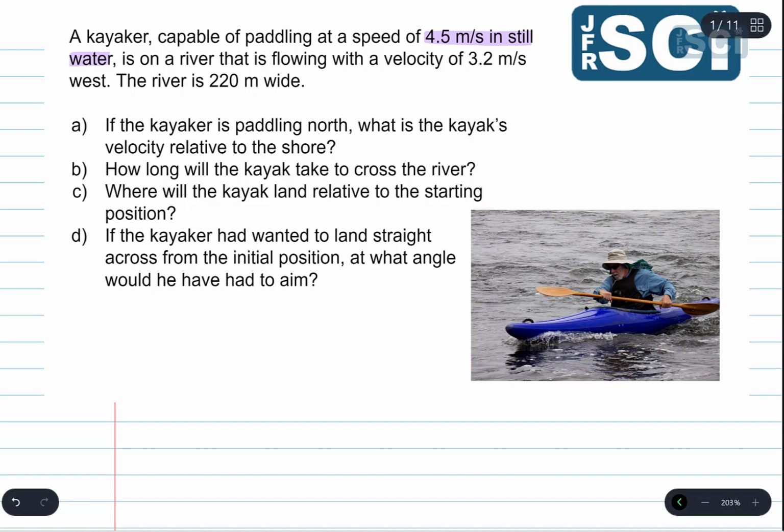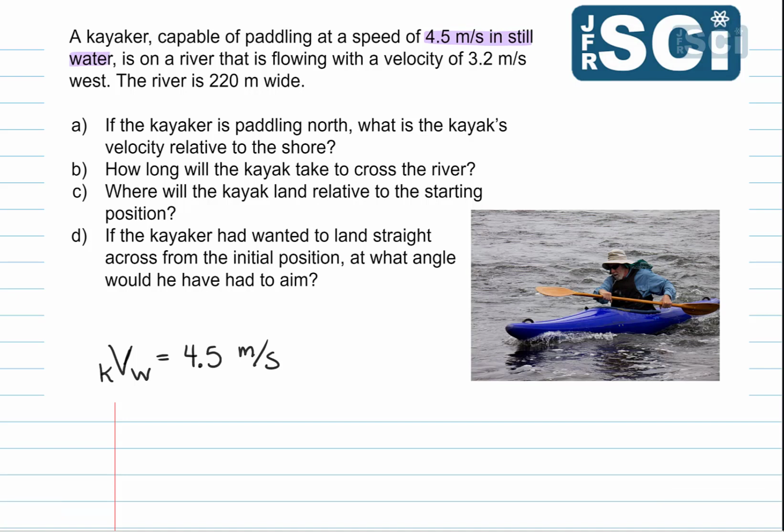So that would tell me that the kayaker's speed relative to the water, so I would put W here for the water, and we're talking about the kayaker, so I'll say K, is equal to 4.5 meters a second. Now, when we're looking at these types of problems, it's important that the variable on the left side, this K, is the object that we're talking about.